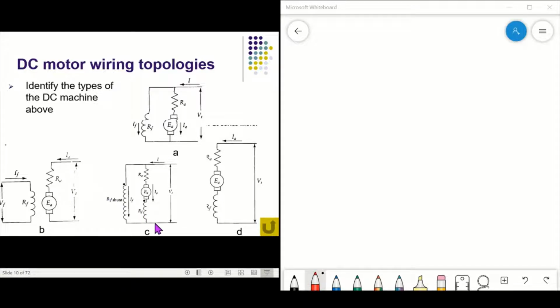And C is the compound DC motor, where we have a series field resistance connected in series with the armature. And the last one is the series DC motor, where the armature and field are connected in series.